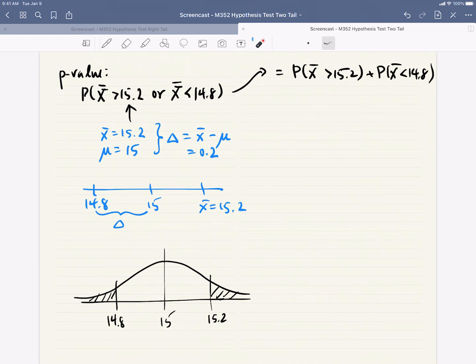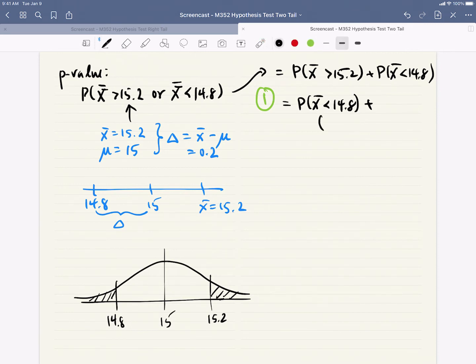So I'm going to show you two ways of thinking about the next step. So here's the first way. This next way we're going to use properties of probabilities. But calculating this probability of being greater than 15.2, that's not the way our calculator works, our R works.